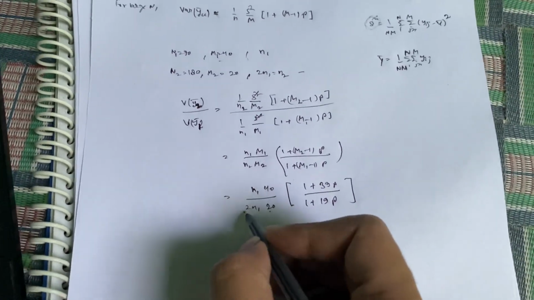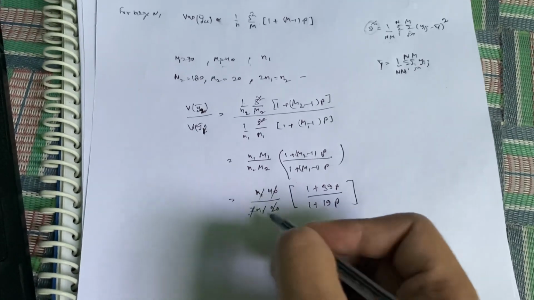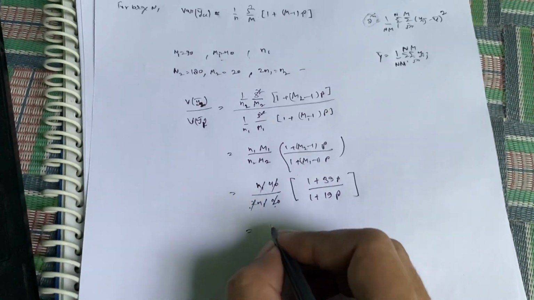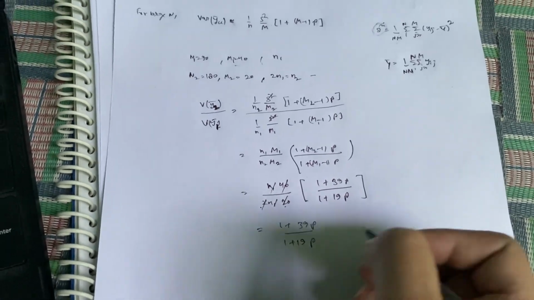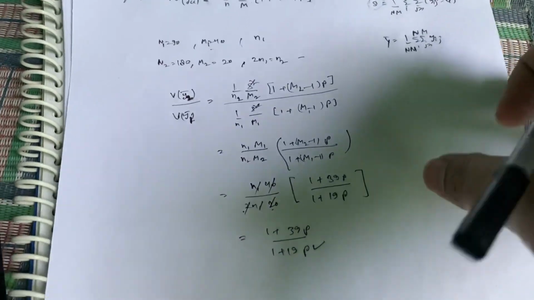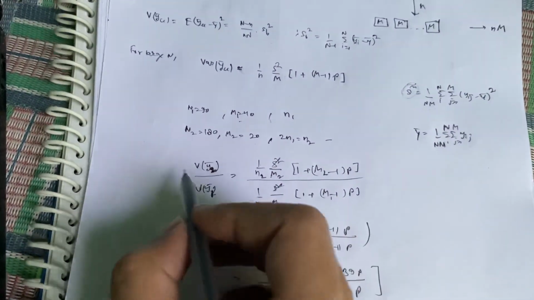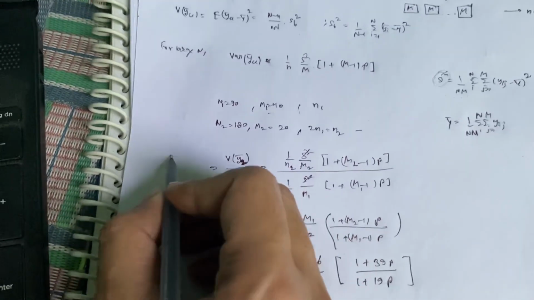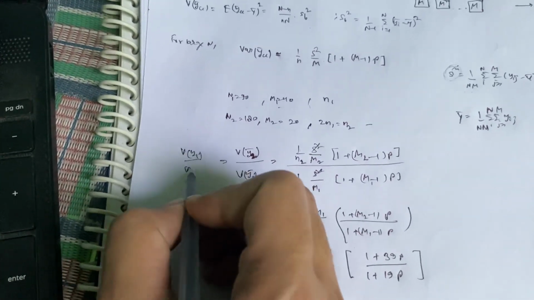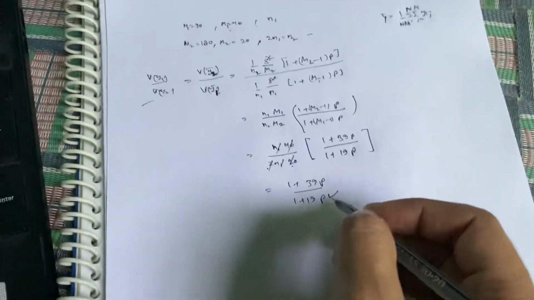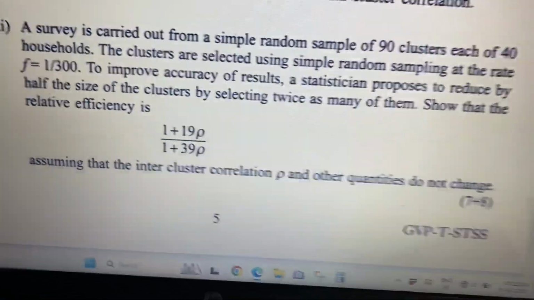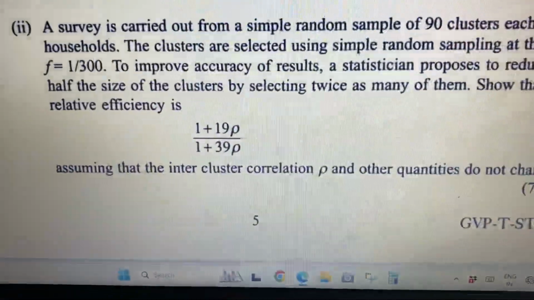Now 20 into 2 is 40, so this will cancel out, and n1 will also cancel out. So 1 plus 39 rho over 1 plus 19 rho. This is what we need to prove. Actually I have done the reverse. We should take variance of y1 divided by variance of y2 in this way, and we will get this answer. So this is how you should solve this question.